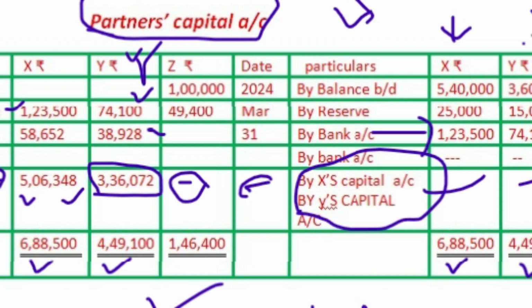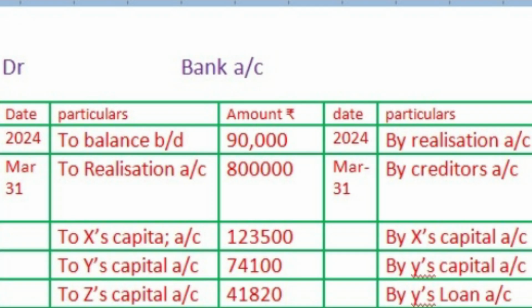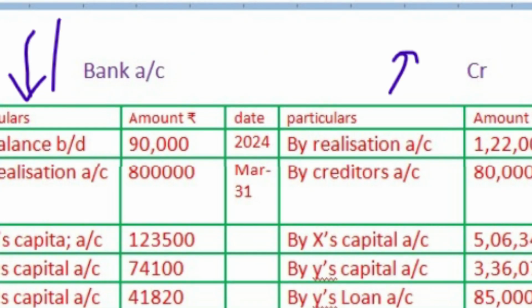Next, the amount paid to partners. All cash or bank transactions will be recorded through the bank account. Now I will show you the bank account. All cash coming into the bank is on the debit side, all cash going from the bank is on the credit side.